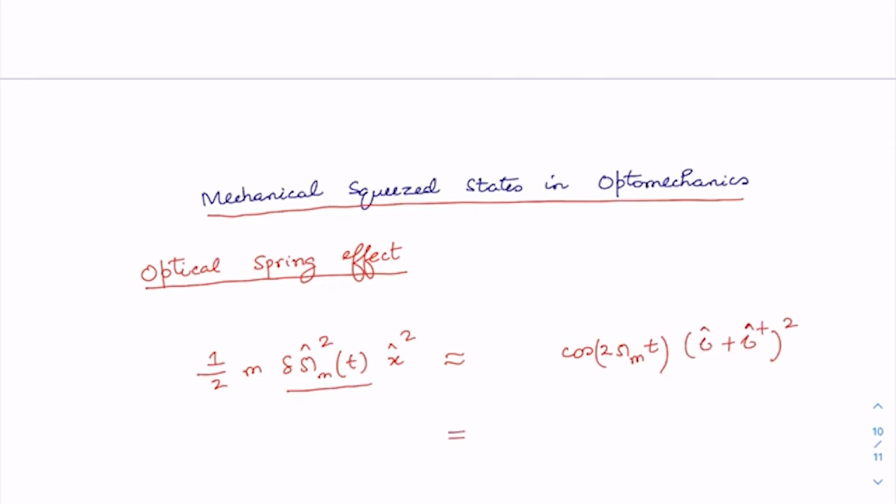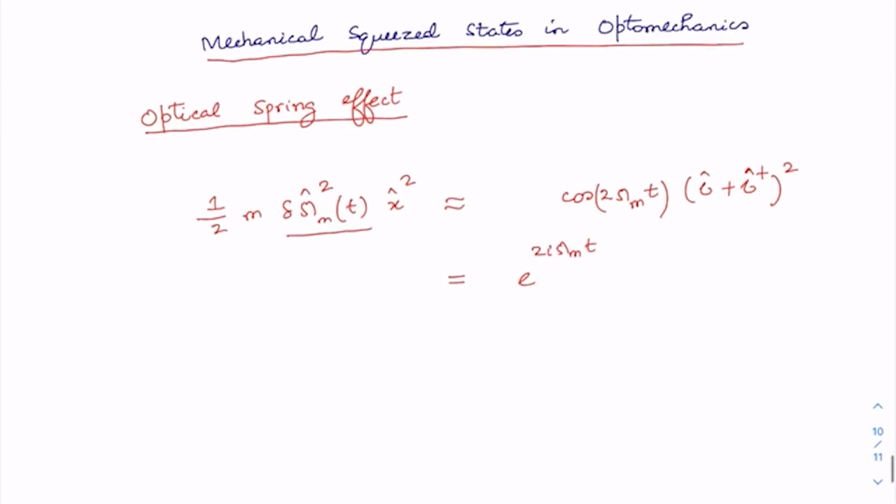I can write cos 2 omega m t as e to the power twice i omega m t plus e to the power minus twice i omega m t, and we have the term b plus b dagger whole square.